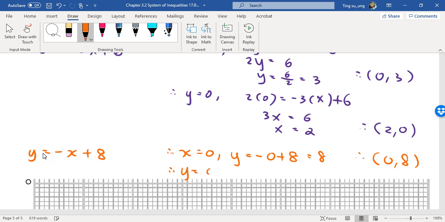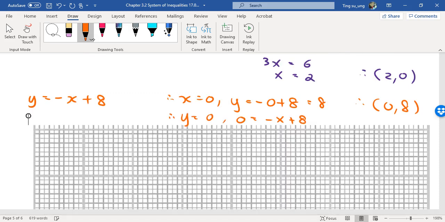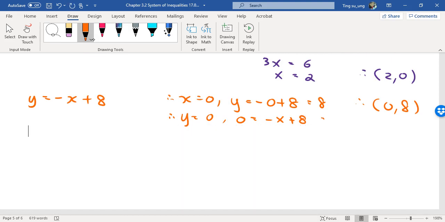After that, when y equal to 0, 0 equal to negative x plus 8, so you have x equal to 8. So here you have (8, 0).